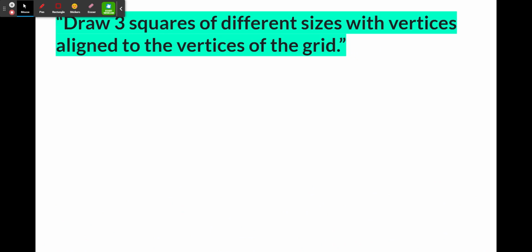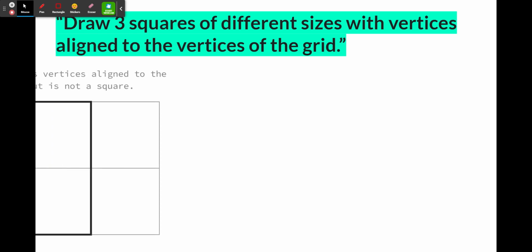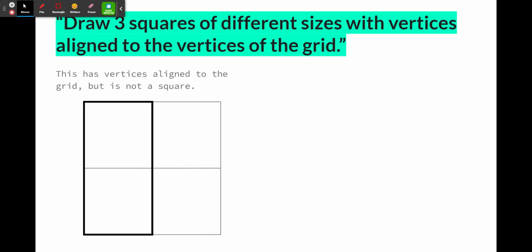Okay. And so I want you guys to draw 3 squares of different sizes with the vertices aligned to the vertices of the grid.